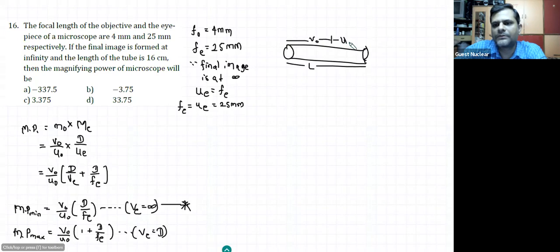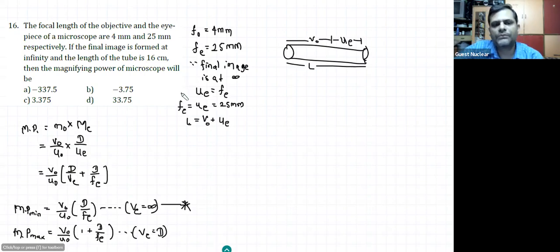If you remember from the theory, then we can get that length is equal to VO plus UE, or in this case we can call it as FE also. But length is given to be 16 centimeter. But again, don't confuse between this 16 centimeter and here it is given to be in millimeter.